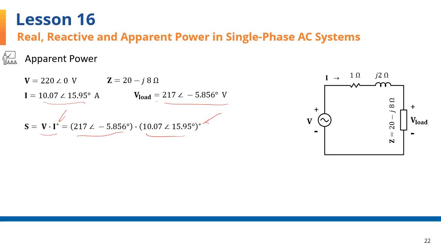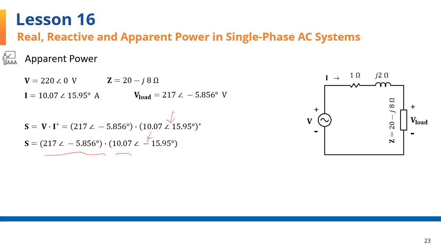You find the conjugate of a phasor that's given in polar format by inverting the sign of its angle from positive to negative, or if it were negative, from negative to positive. So here the angle was plus 15.95. I changed it to negative 15.95. Everything else remains the same. Multiplying those two, S comes to 2185 with this degree angle.